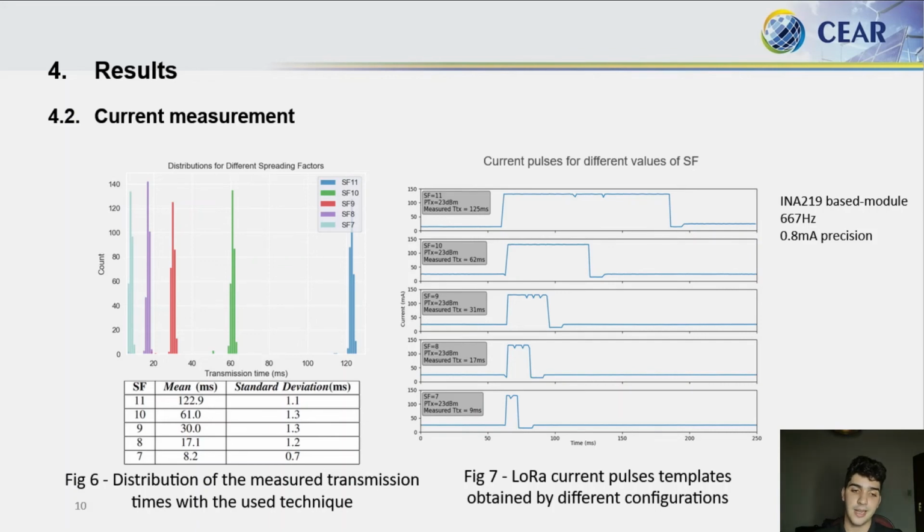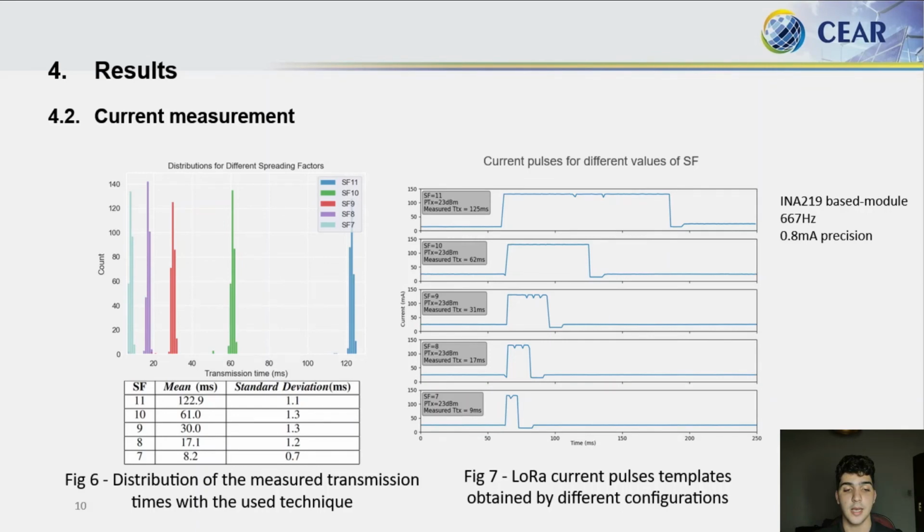Figure 7 shows the visualization of the current pulses that flow through the Feather when some transmission is done, and the variations in the amplitude and length of the pulses as a function of transmission power and spreading factor. In these graphs, we can see current pulse samples for some of the spreading factor and transmission power configurations.